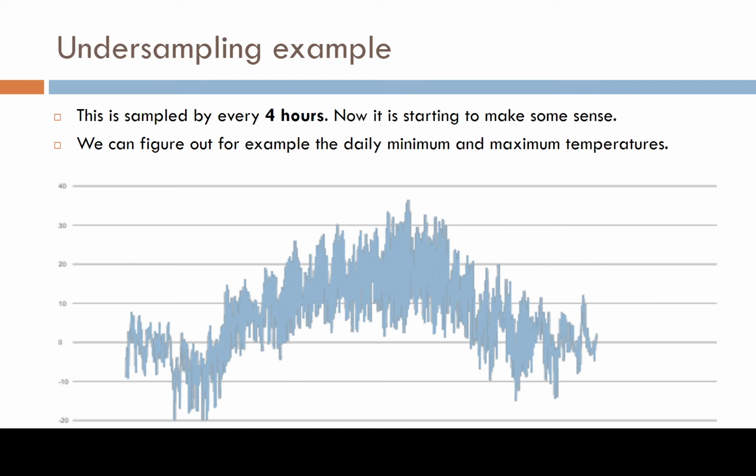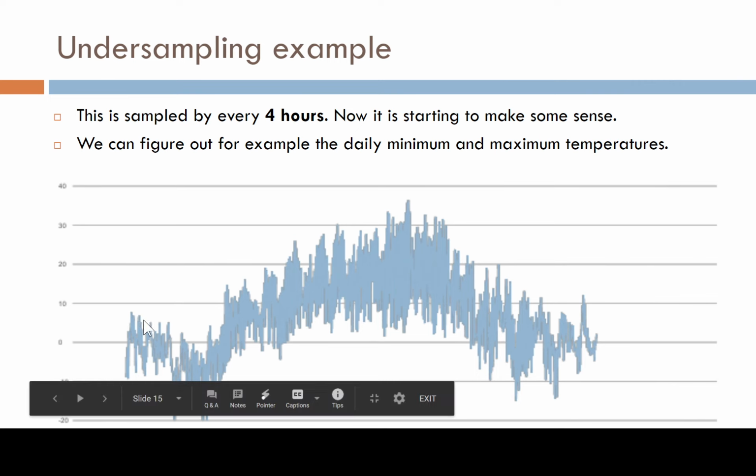Okay, still the same data, but this gives you maybe a little bit too much information. This is sampled every 4 hours, which shows the daily variation. Although, of course, I agree the graph is a little bit messy, but it shows, for example, here in January, the temperature has been varying between, say, -8 to +8 degrees.